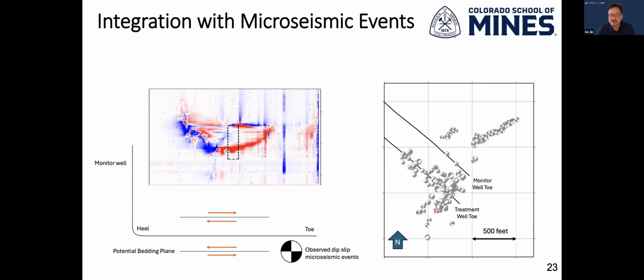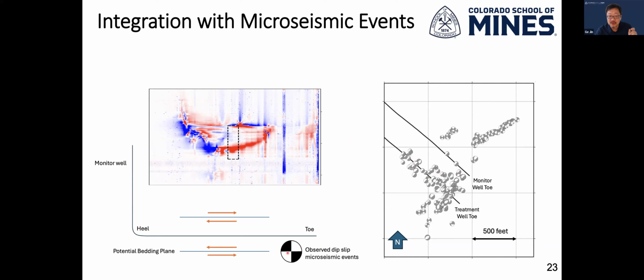So by integrating this, you see on this is a map view. We're looking at the lower hemisphere of this beach ball. And on the left side, we're looking at the side view, right? So you probably have to reorient yourself. We're talking about 3D space, but if you trust me, most of these events you see in the lower hemisphere have this white with extension towards the heel direction and compression towards the toe.